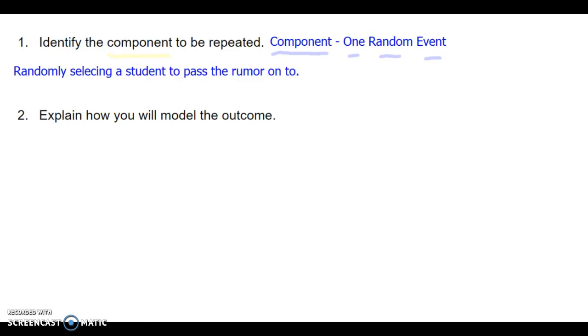All right, the next part of the problem is asking us to explain how you will model the outcome. So another way to say this is we are going to just assign our numbers. How do we want to assign the digits? That's what we're doing in this particular case. So here's how I'm going to assign the digits.